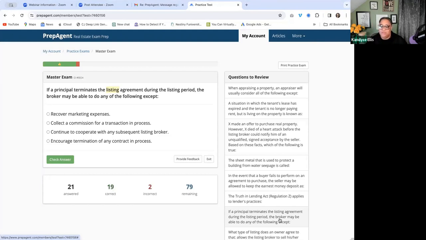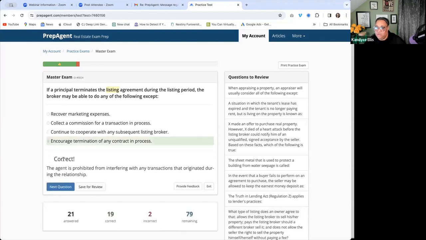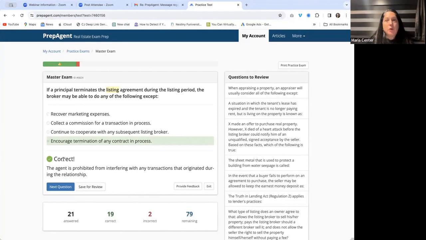So three of these things you can do, and one of these things you cannot do. Which one can you not do? As you can see, our answer is D, encourage termination of any contracts in process. We have to be careful that we don't ever do this, right? As real estate agents, ethically, we cannot go around telling people to cancel contracts.